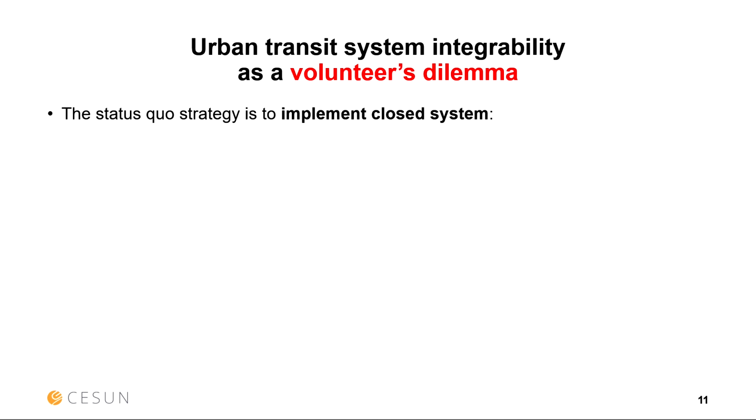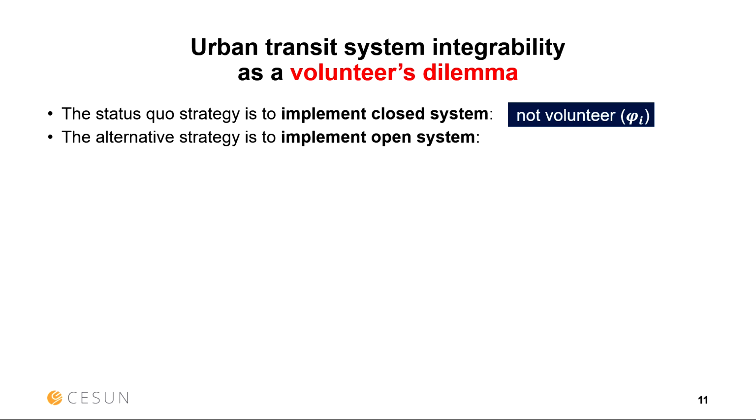In the context of the volunteer's dilemma, this means not volunteering, our dark blue strategy, which we also label using the Greek letter phi. On the other hand, the alternative strategy is to open the system. This is our volunteering strategy, which we color yellow and we also label with the Greek letter psi.